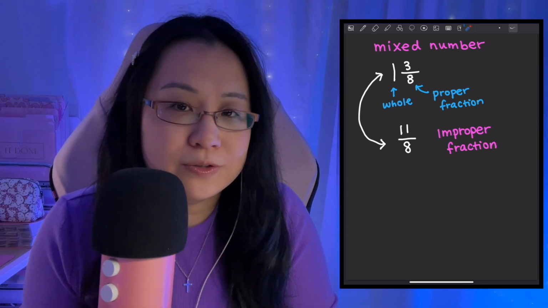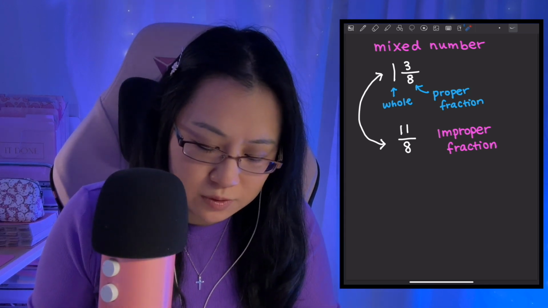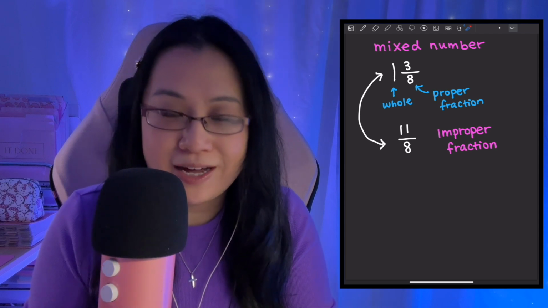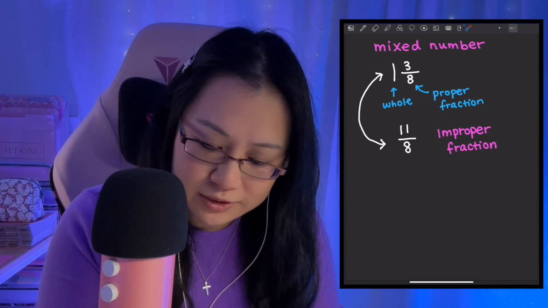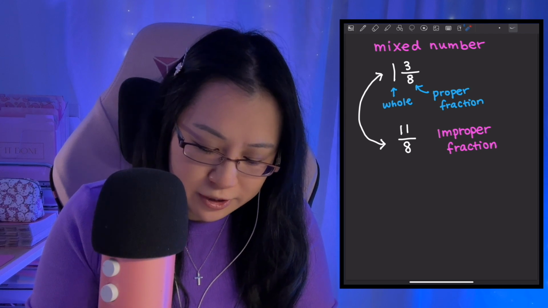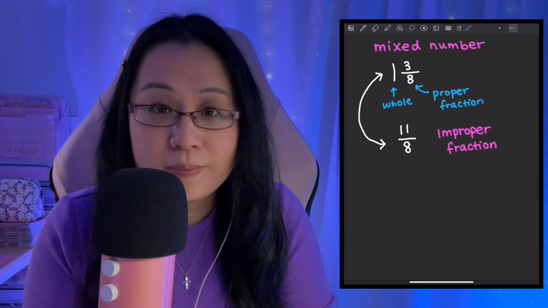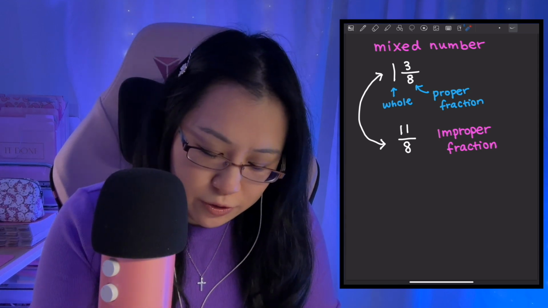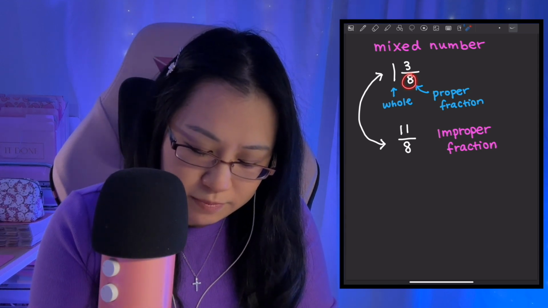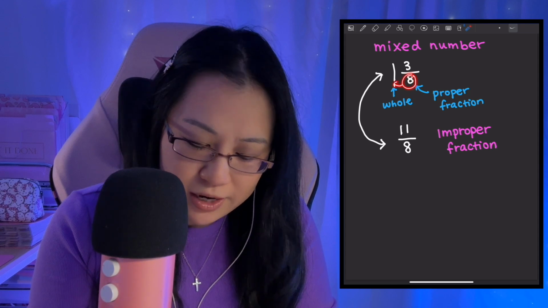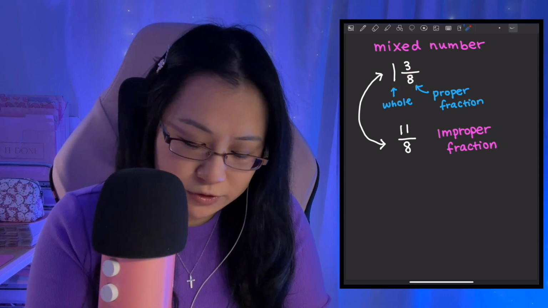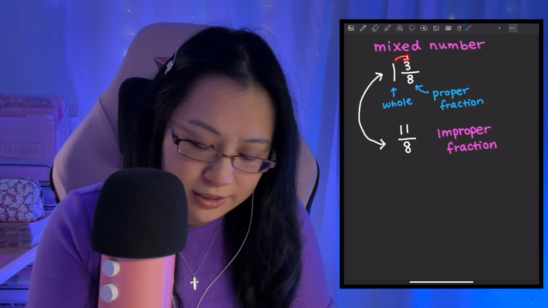Okay, so for those of us who want to just know how to do it, the how-to, right? This is what was in my short flashcard. To go from a mixed number into an improper fraction, you take this denominator number, you multiply it by the whole number here, whatever's over here, and you add this.